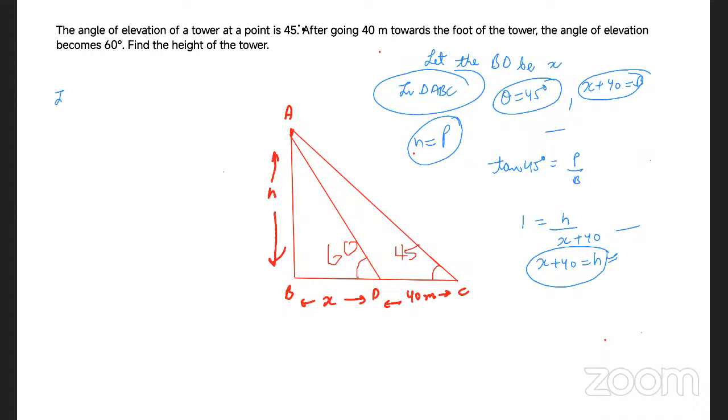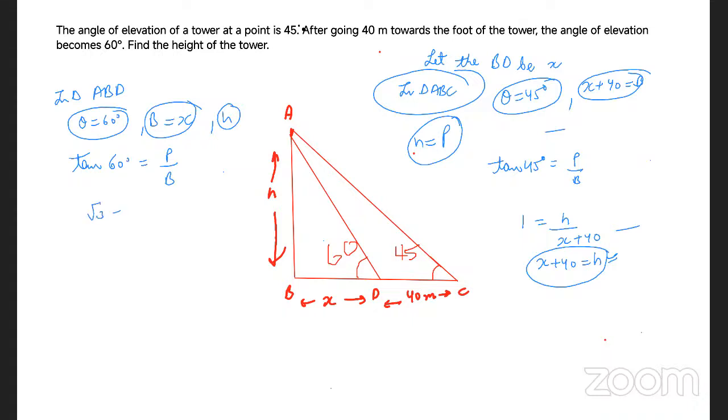Now, in the small triangle, which is ABD, we know that theta is 60 degrees. The base is x and the perpendicular is h. So it will become tan 60 degrees equals perpendicular upon base.